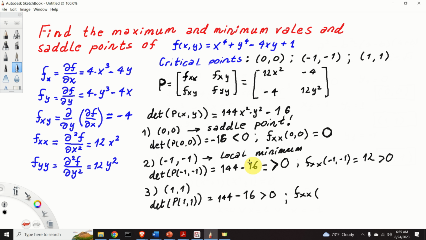Let's see. fxx is given over here at the critical point 1, 1. Again, it's equal to 12. And that's precisely the case we had before. Consequently, this is also the local minimum. Perfect. We solved our problem.